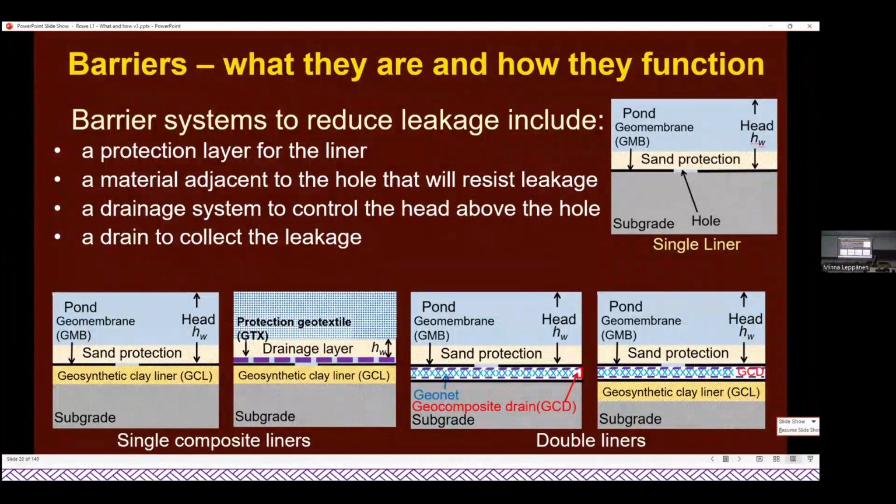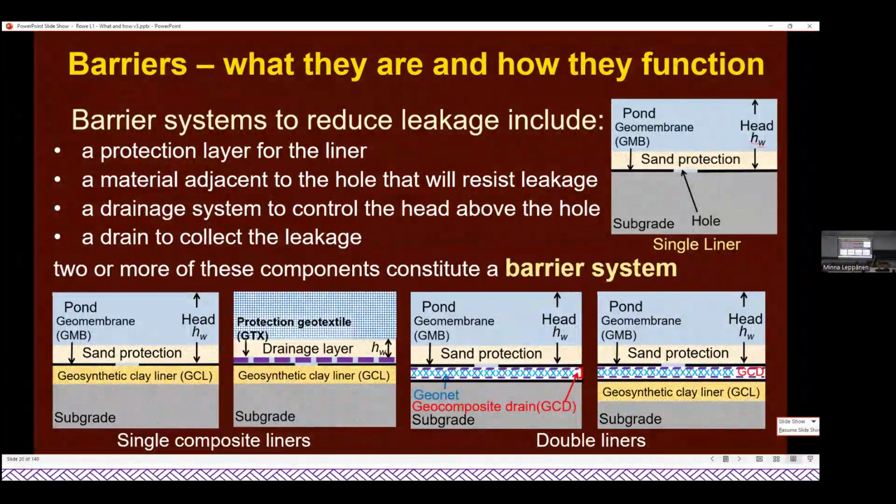But the primary reason for that drainage layer is to reduce the head on the secondary liner. So yes, we will collect what escapes or what we can of it, but its primary purpose is to reduce the driving force through the secondary liner. And whenever we have two or more components, we have a barrier system.